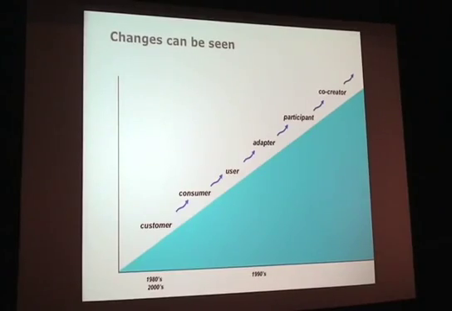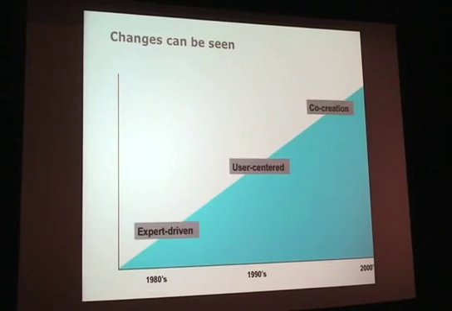When PCs came into being, the word user became very popular because we couldn't use them. And as it evolved, the name that we use to refer to the people that we're serving has changed and become more and more proactive.